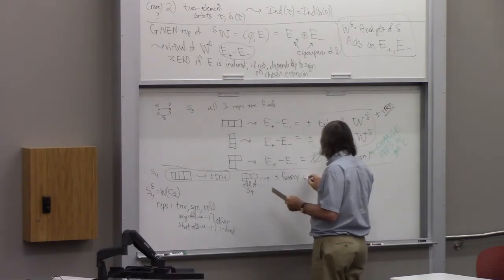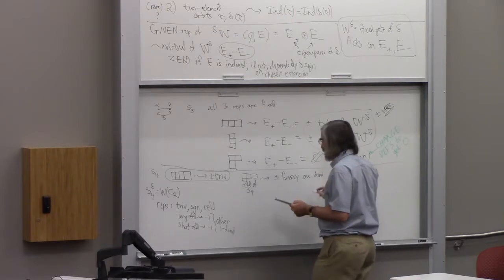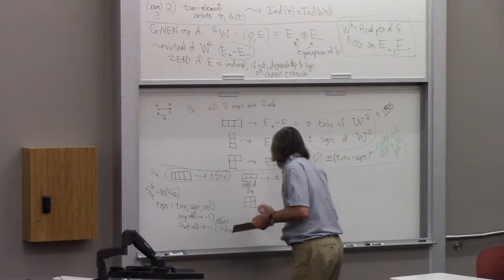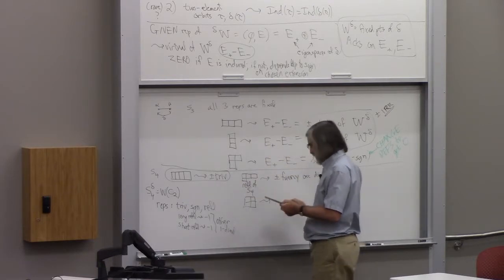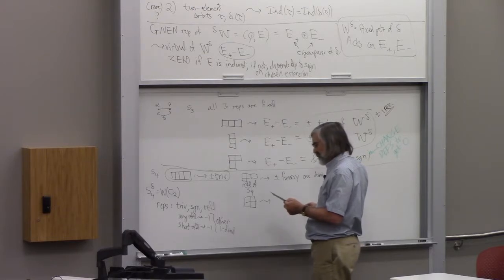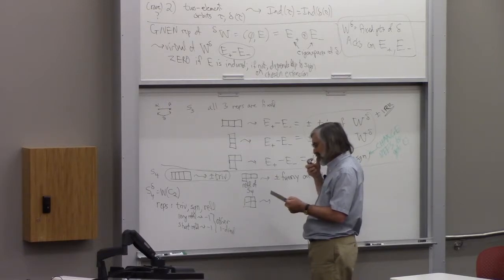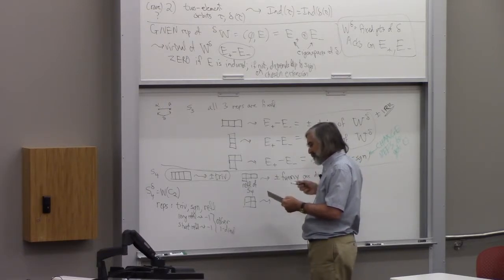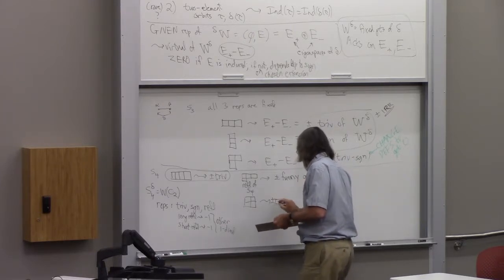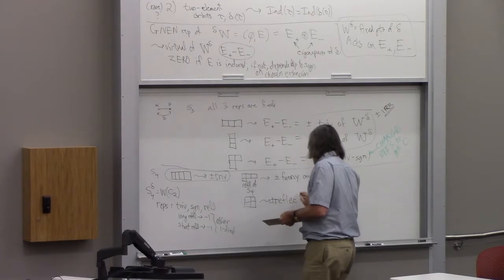Anyway, I think that this is supposed to be a funny one-dimensional. This two-dimensional representation is supposed to give you plus or minus the reflection representation.